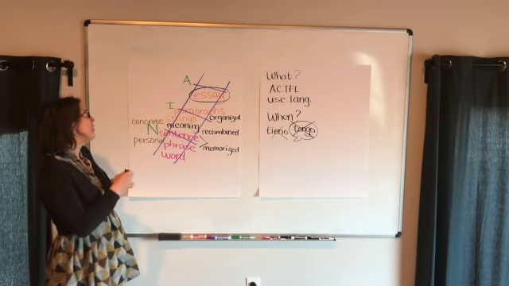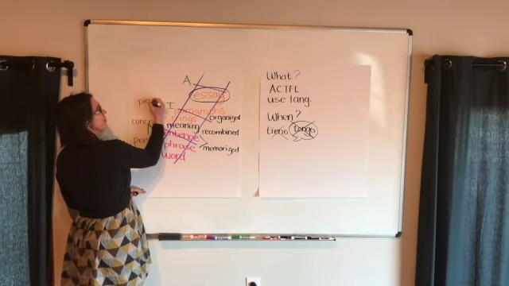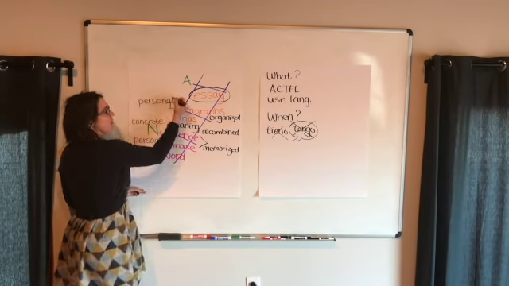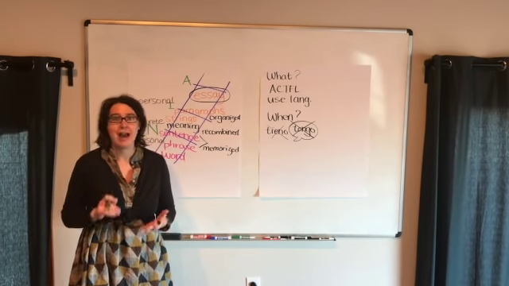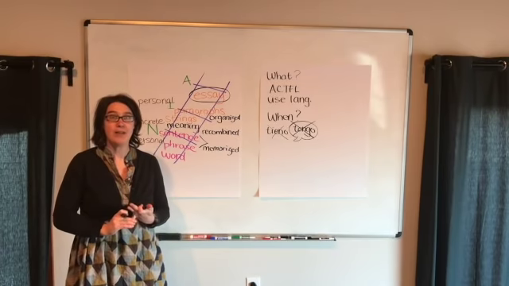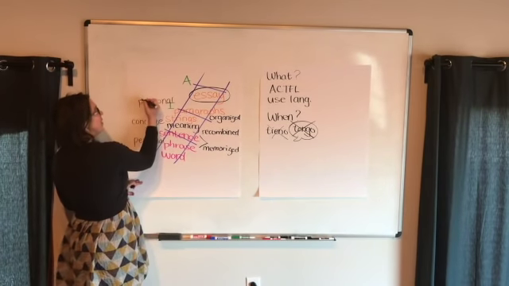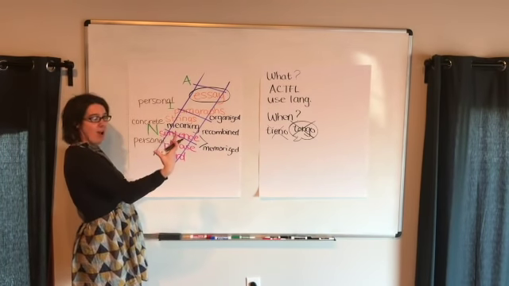In intermediate, they're still talking about topics of personal interest. So like sports they enjoy, or stories about their life, or just daily things that happen to them. But they're able to start talking about things that are a little bit more abstract.